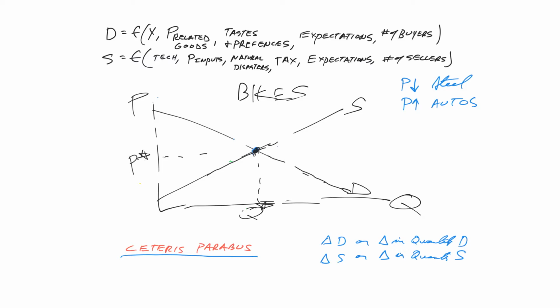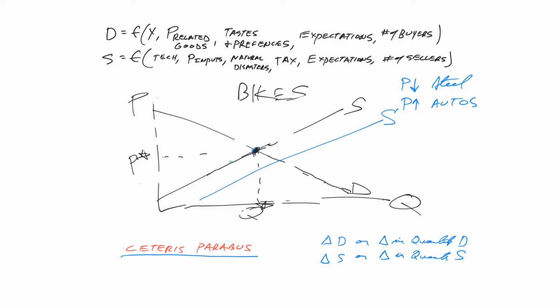If the price of steel falls, that's going to shift the supply curve to the right. There'll be an increase in supply because of lower production costs, because the inputs have fallen. And how about demand?